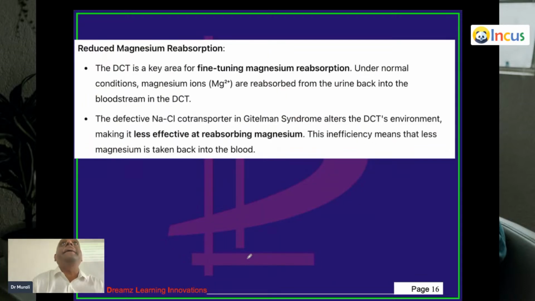Now, next important thing. Why magnesiuria leading to hypomagnesemia in Gitelman? Fundamentally, in the distal convoluted tubule, there is a sodium chloride co-transporter.